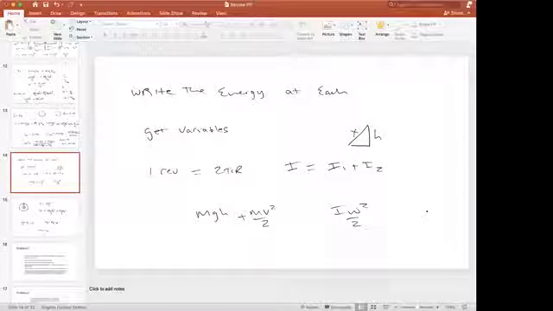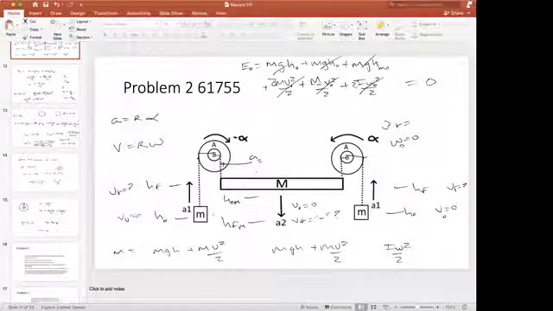The big mass, the initial height was 0 because we chose it to be 0. What really matters is the potential energy change of these masses, and that's just the change. So we can set our initial height to be 0 for all of them. And then wherever they end up, we just need to make sure that we figure out correctly where they end up.